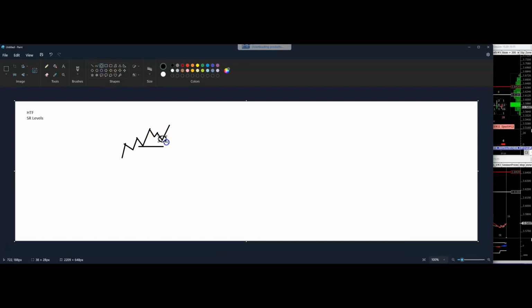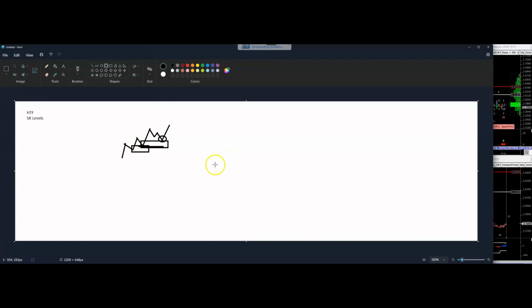This is one area, right? But also when it comes to rallies, you want to look at the demand zones. Demand zones are origins of rallies. Supply zones are origins of down rallies. And springs and upthrusts against consolidations.